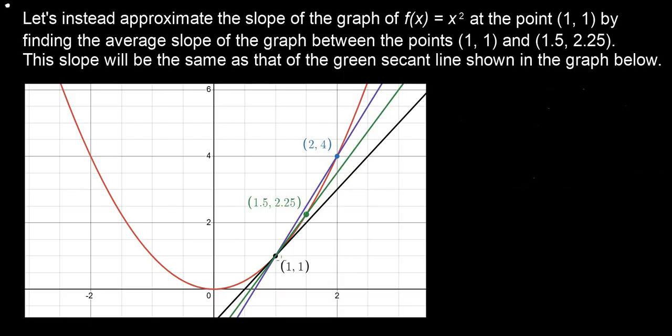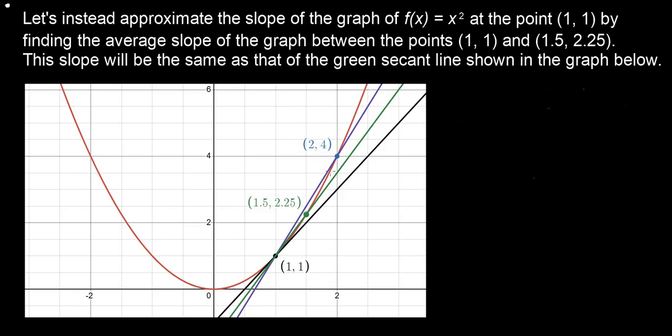So I'm going to use that as an approximation of the slope of the graph at 1, 1. Again, I'm using the black for my tangent line, but this time I'm going to say the slope of the tangent line is roughly equal to the slope of that green secant line. And as we can see visually, the green secant line is a better estimate of the slope at 1, 1 than the blue secant line was.